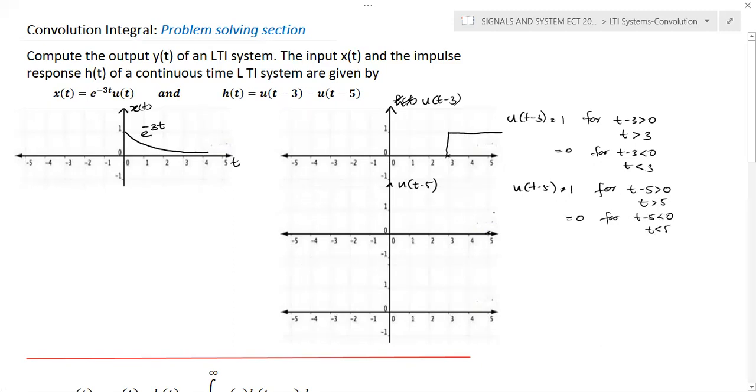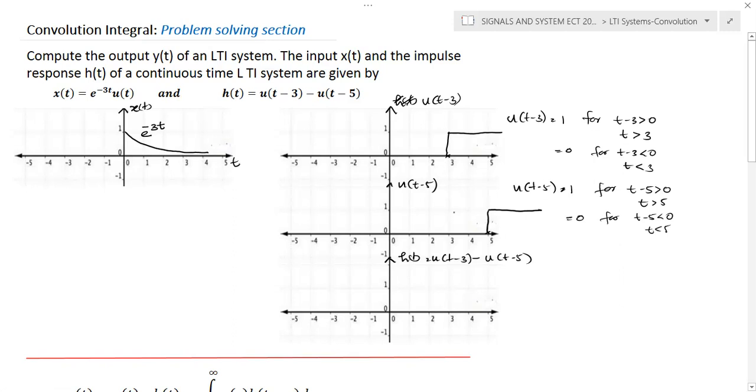And here you can see 5, and if t is greater than 5, towards the right, the function magnitude is 1, otherwise 0. Now we can plot h of t. H of t is simply u of t minus 3 minus u of t minus 5, meaning we need to subtract u of t minus 5 from u of t minus 3.